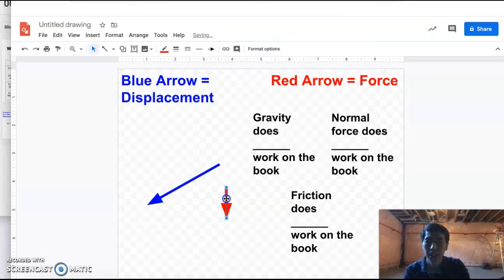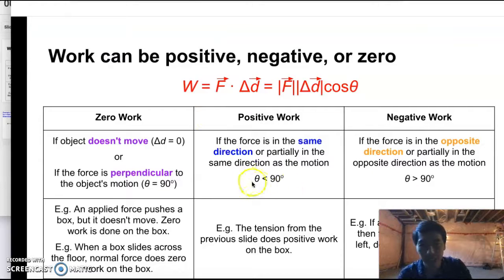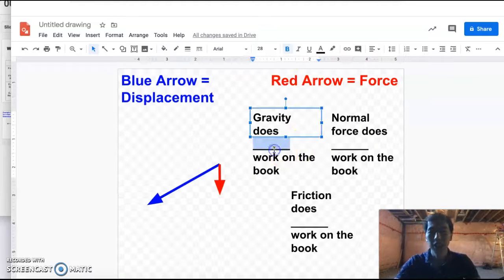I'll extend it a bit. I'll draw them tail to tail, and I analyze the angle that they form. It looks like that's an acute angle. It's less than 90 degrees. So if it's less than 90 degrees, the answer is positive work. So gravity does positive work on the book.